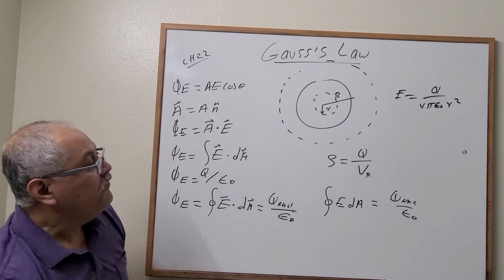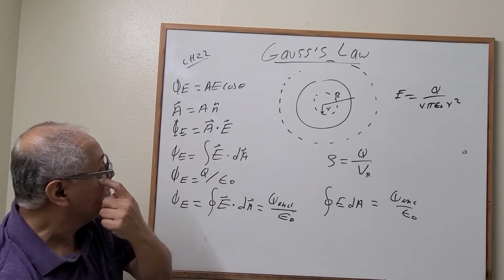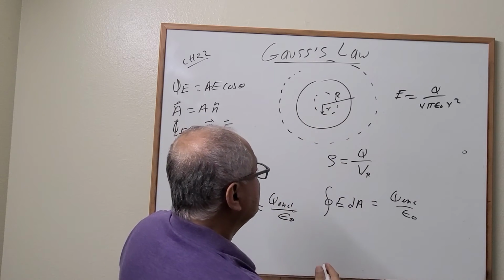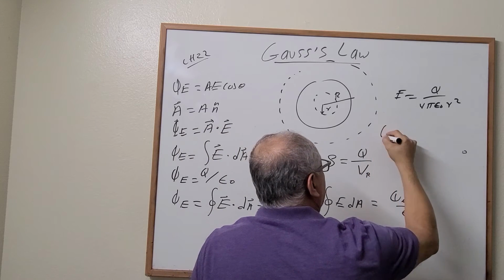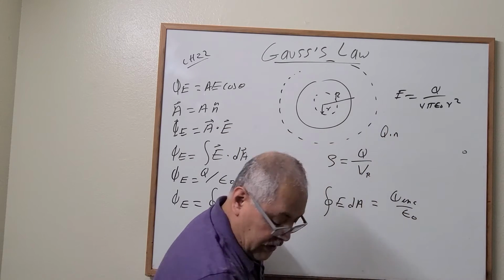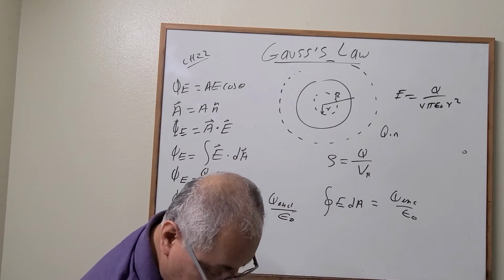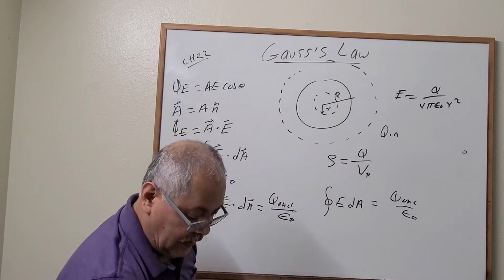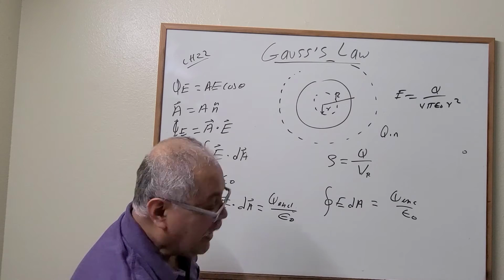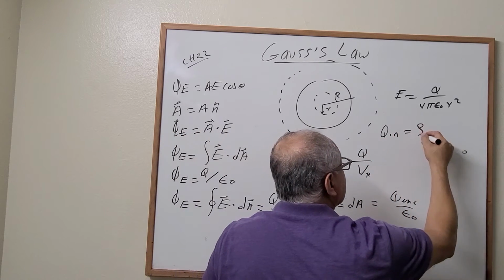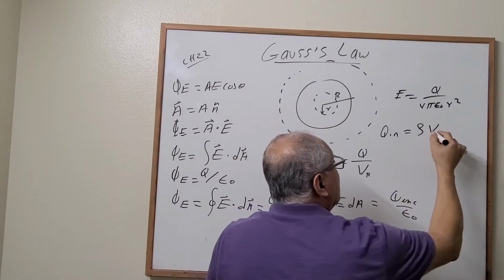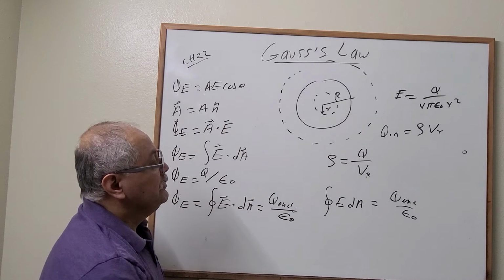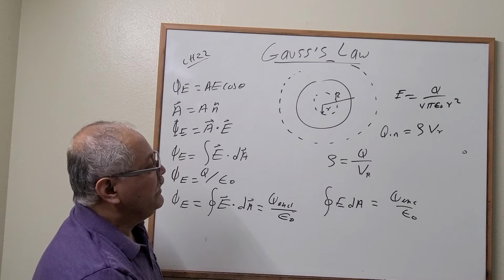Now, how can we find the charge enclosed? Well, the charge enclosed is going to be equal to the density times the volume with that radius.